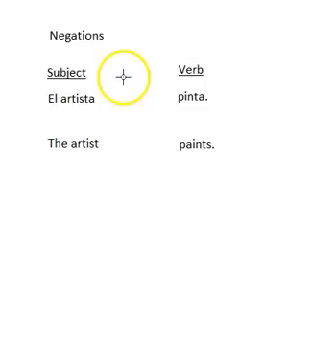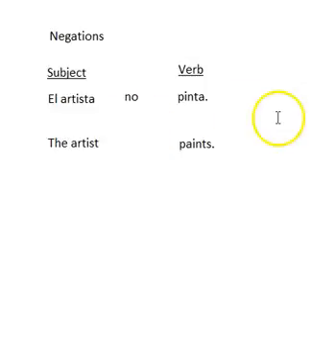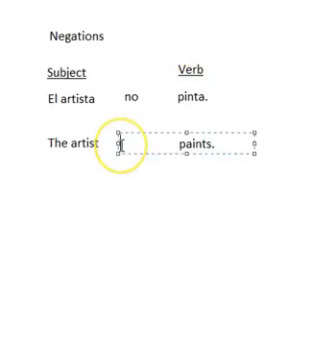All we have to do is add the little word no. El artista no pinta. And this means in English, the artist doesn't paint.